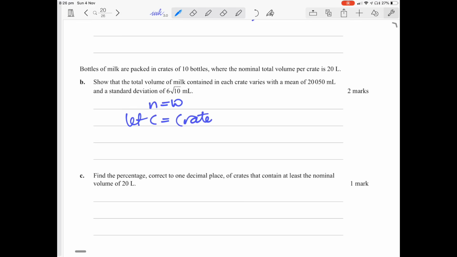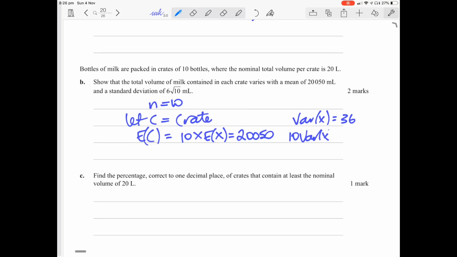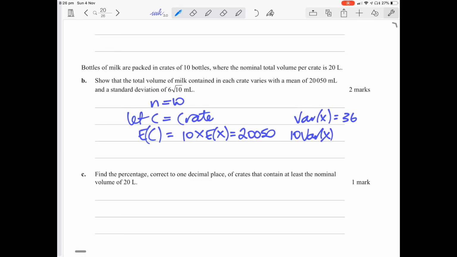So expected value of a crate is 10 times the expected value of x, which is 2005. The variance of x was 36, so 10 times the variance of x, because I've got 10 different bottles, so it's going to be 360.